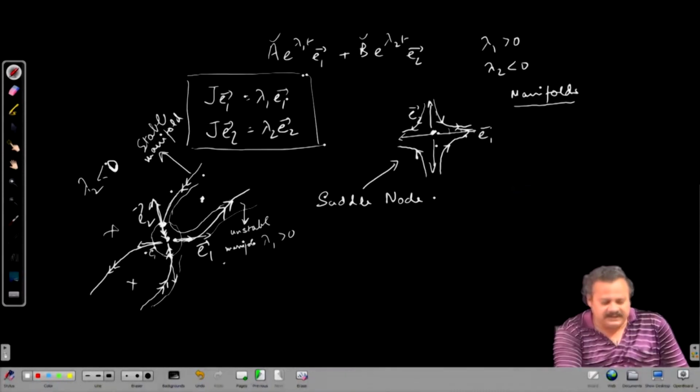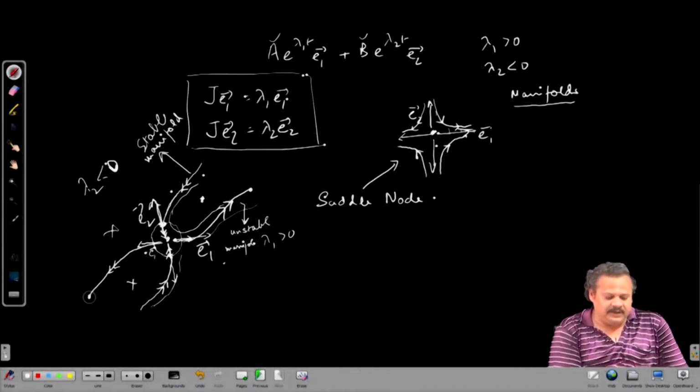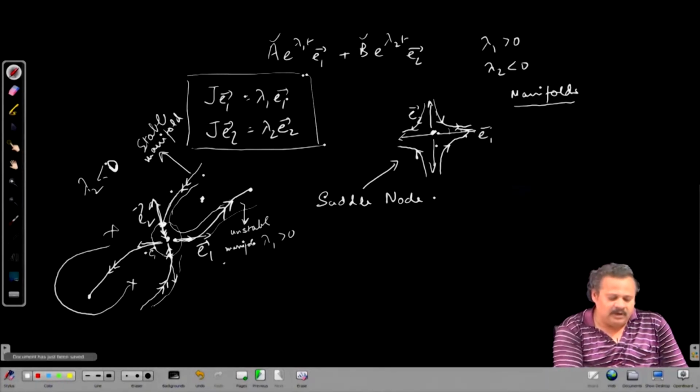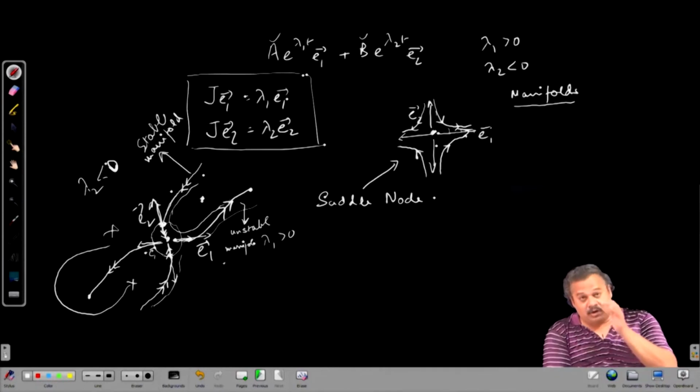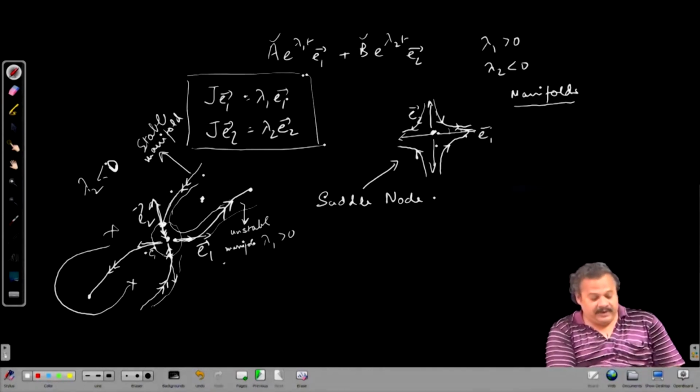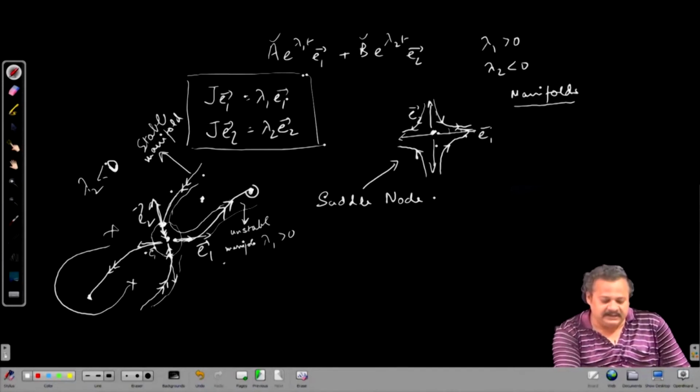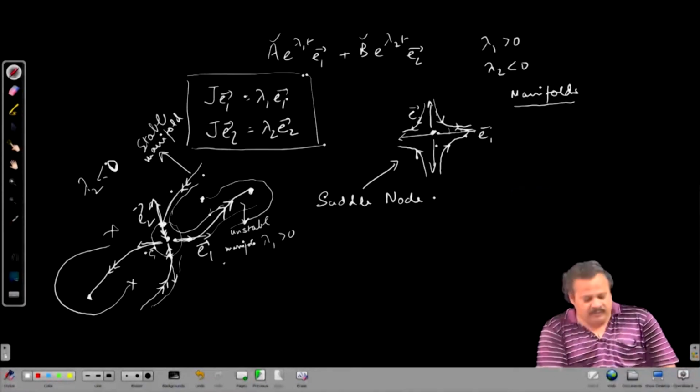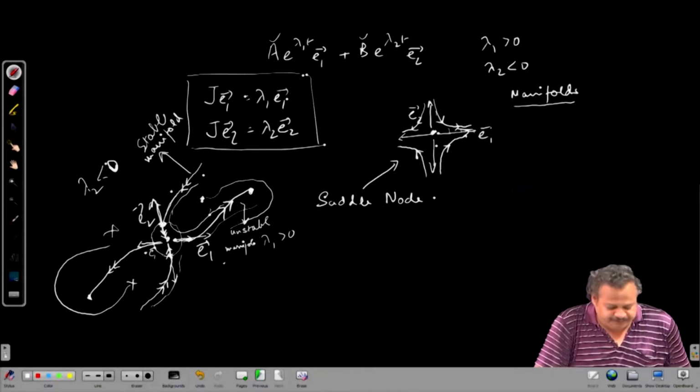Of course, if this ends up onto a stable node, or this ends up onto a stable node, then the trajectory can go around and go there, so it is not crossing the manifold. The manifold is ending at this stable node, and then the trajectory from here may go into this region, but that may not necessarily be the case.